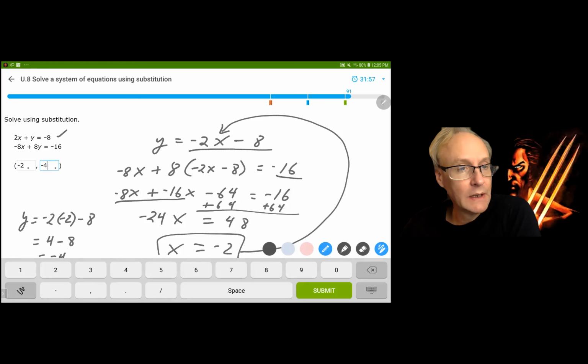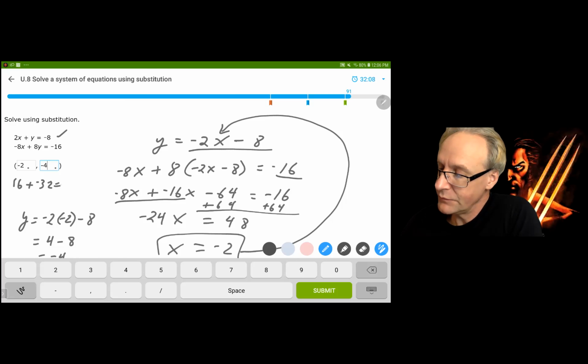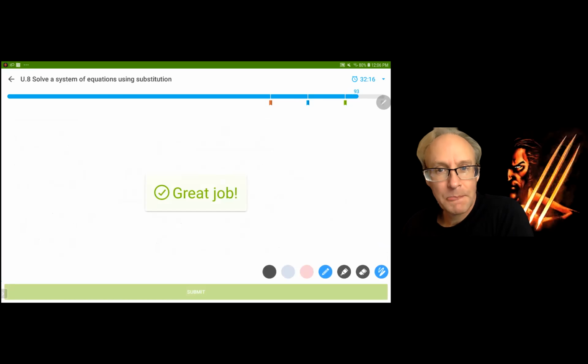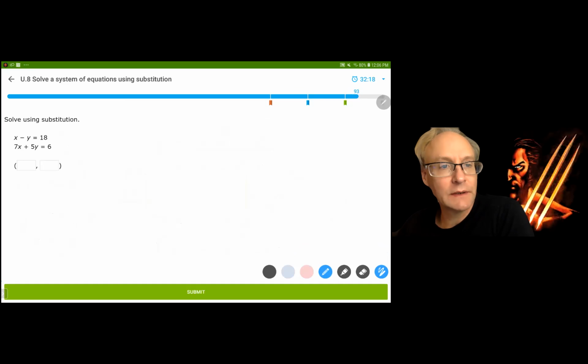There, done. Now I'm going to put it in the second one. Negative 2 times negative 8 is 16 plus negative 32 does give me negative 16, doesn't it? There it is. It's true for both. We know it's right. It's worth that little bit of extra effort, I promise.